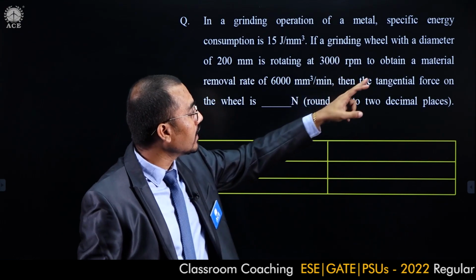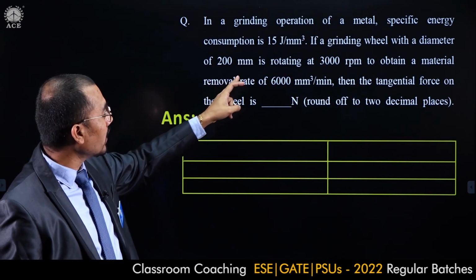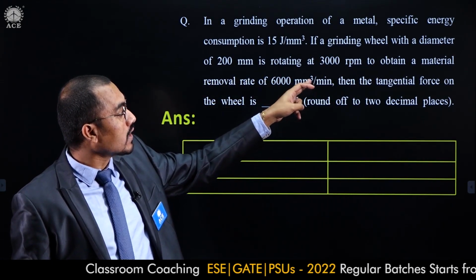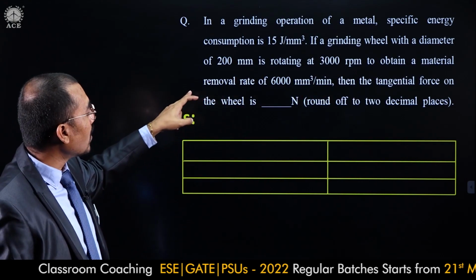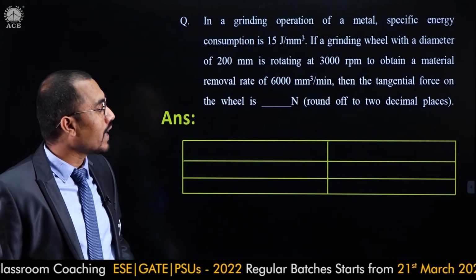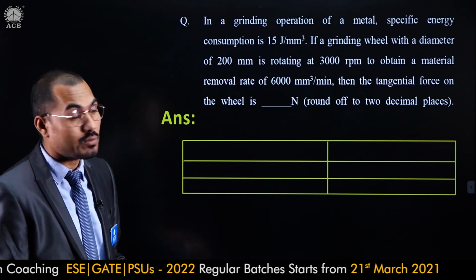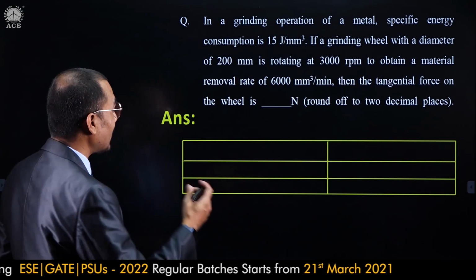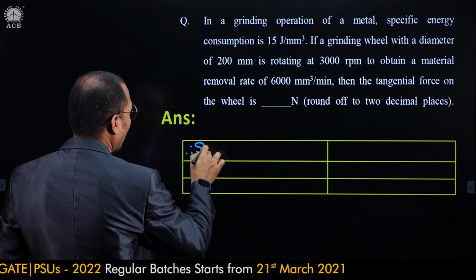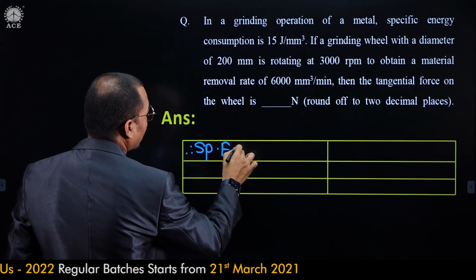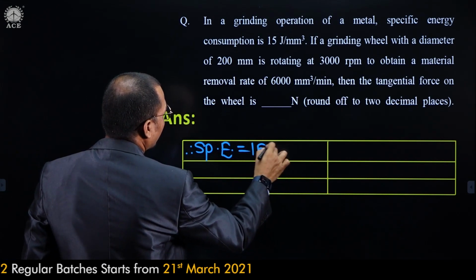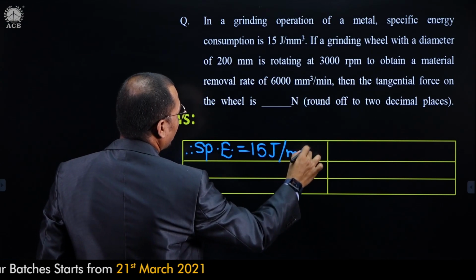If a grinding wheel with a diameter of 200 millimeter is rotating at 3000 rpm to obtain a material removal rate of 6000 millimeter cube per minute, these values are given. Let's understand that. The specific energy is 15 joule per millimeter cube.